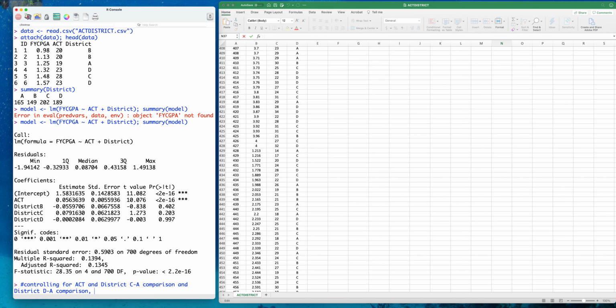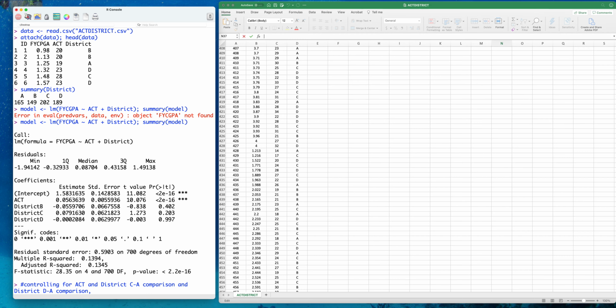Now, an increase of 1 unit tells us what? We're comparing from district B to A, right? So a negative tells me that district B is lower than our comparison group.